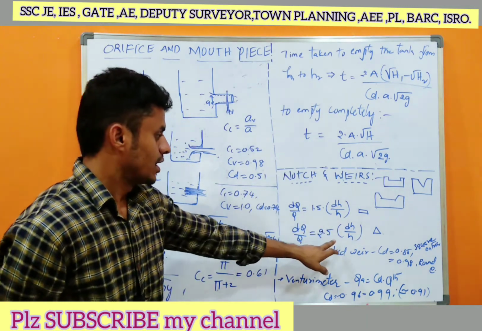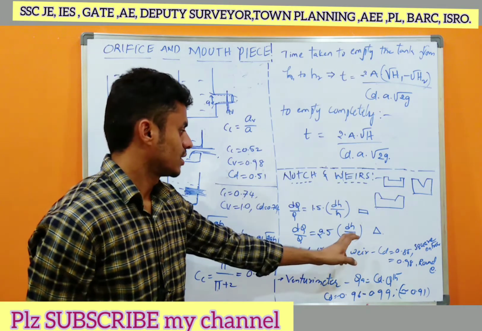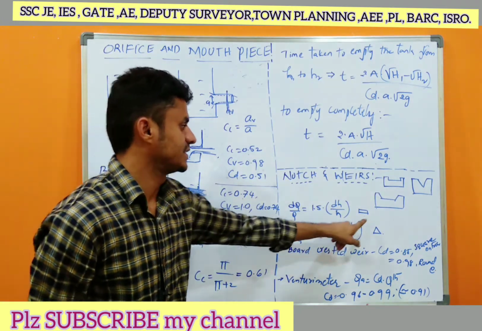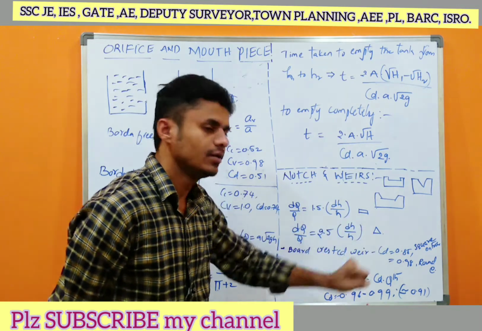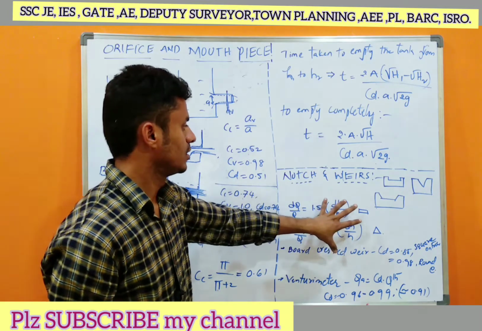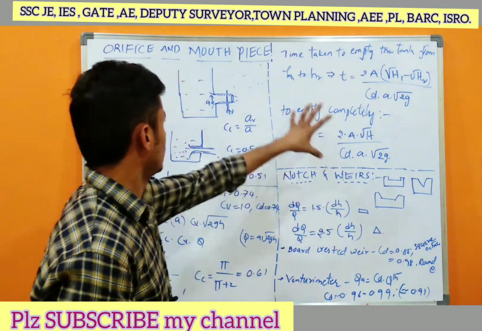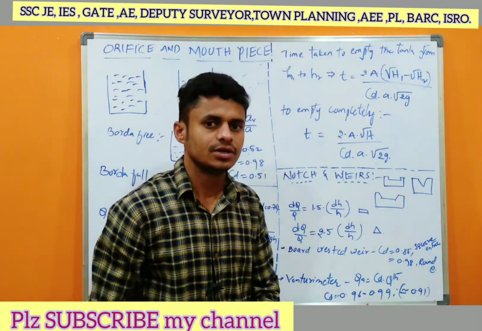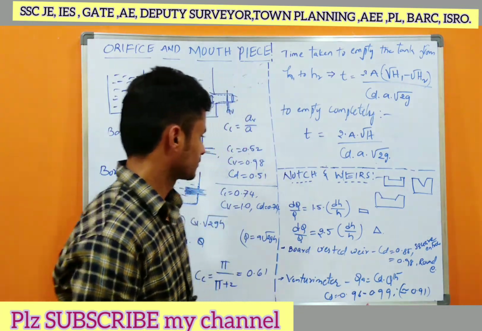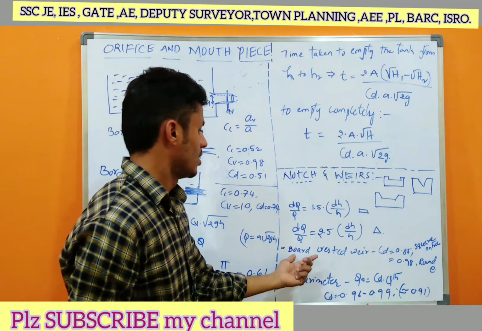Okay, 1% difference in head gives 2.5% difference in discharge. It is for the rectangular, and it is for the triangular. These are the standard questions we have. We will get them directly in the exam. All these points I am telling, each and every question is a previous year question. Okay.